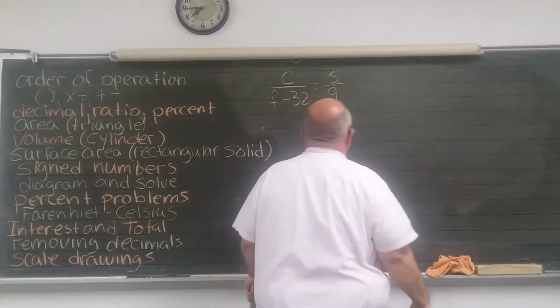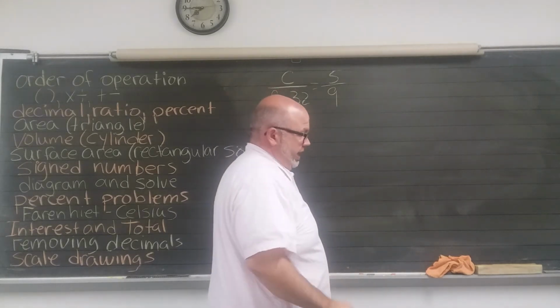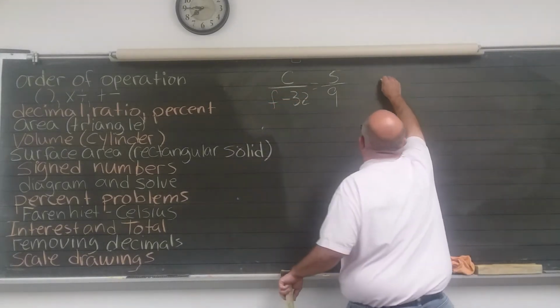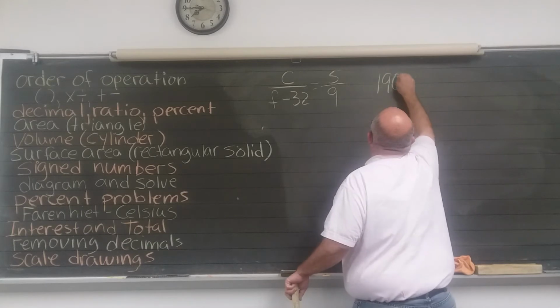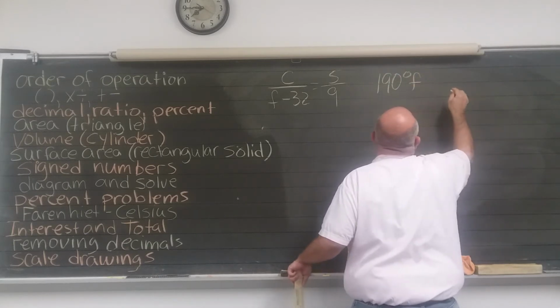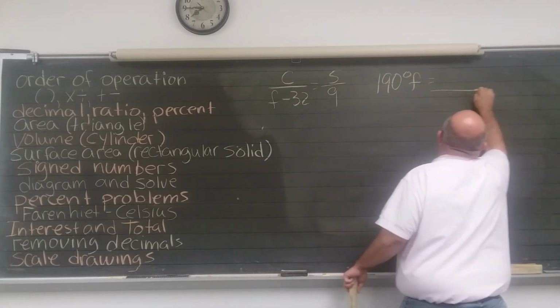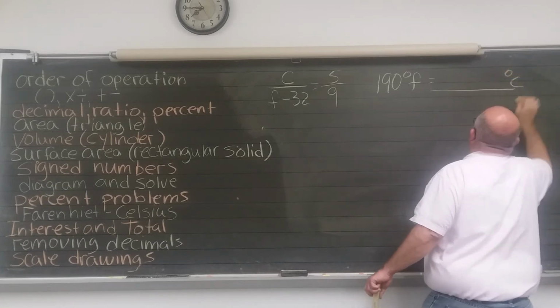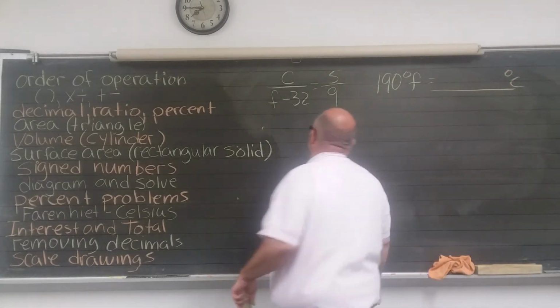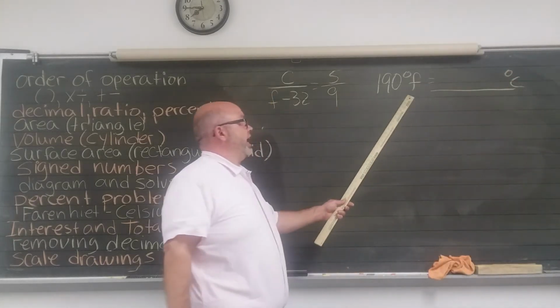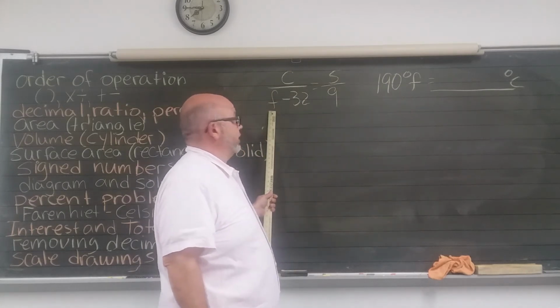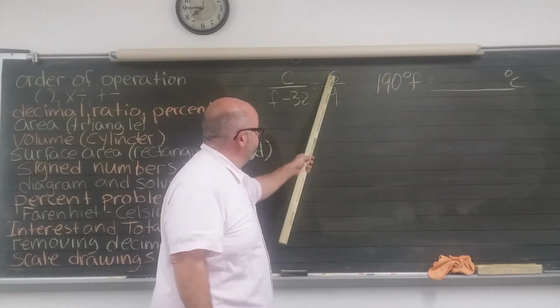Okay, so in these you will always be given a Fahrenheit temperature. So if we have 190 degrees Fahrenheit, what is the degrees Celsius? That is the question. So the Fahrenheit degrees always goes in here. You always have this proportion.